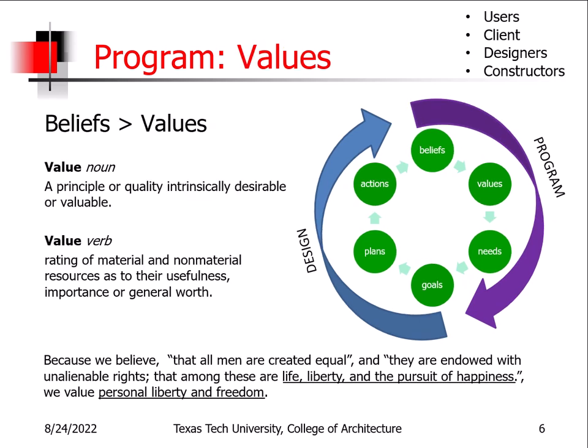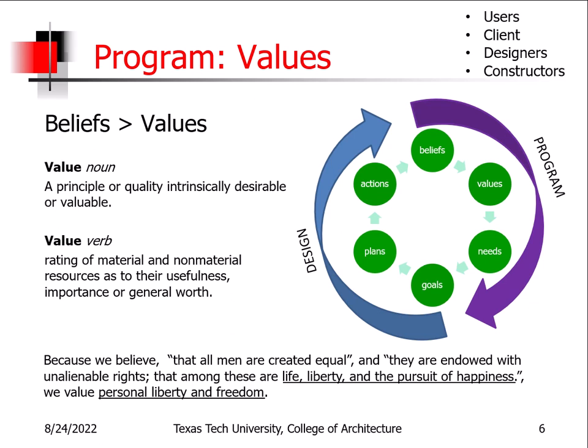The second stage is values. What is a value? A value is a principle or a quality that we find intrinsically desirable or valuable. It also may be used as a verb, as a way of rating material and non-material resources by their usefulness or importance or general worth to us.